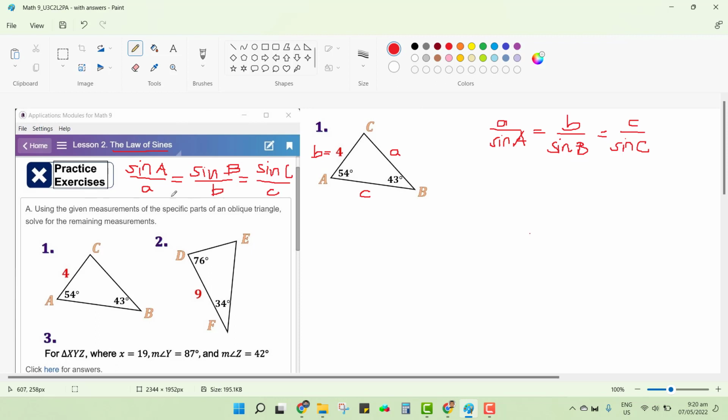Just make sure that if your numerator is the sine of an angle, the numerator of the second ratio and the third ratio also contains the sine of an angle. And the sides, since it's the first given, are on the denominator; the side measurements are also on the denominator.